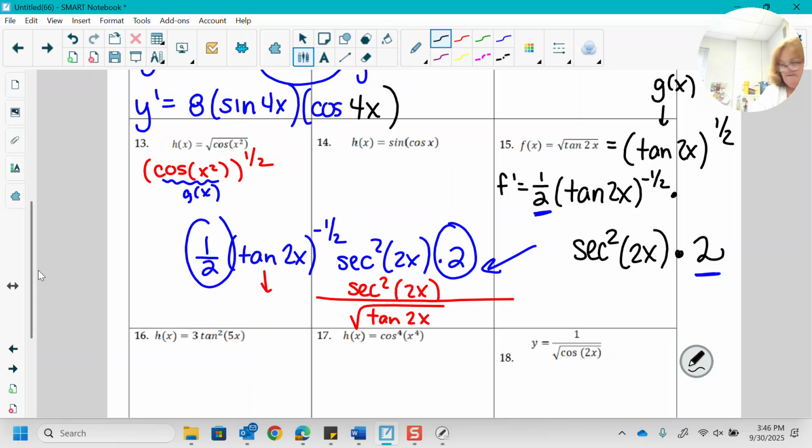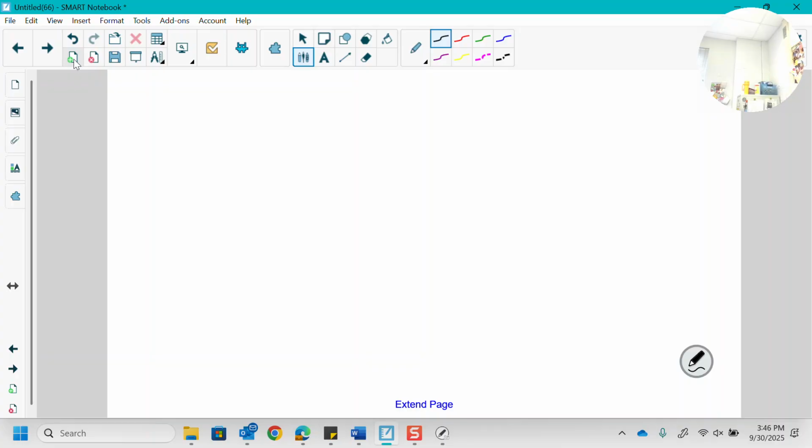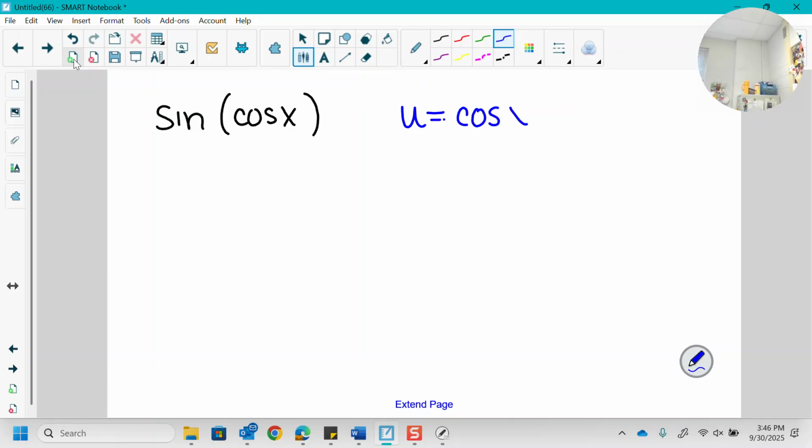Let's go ahead and look at 14. And then I'm going to give you a little bit on 19, and then we should be good to go. All right, so let's take a look at 14. It's the sine of the cosine of x. So in trig language, u is the cosine of x.